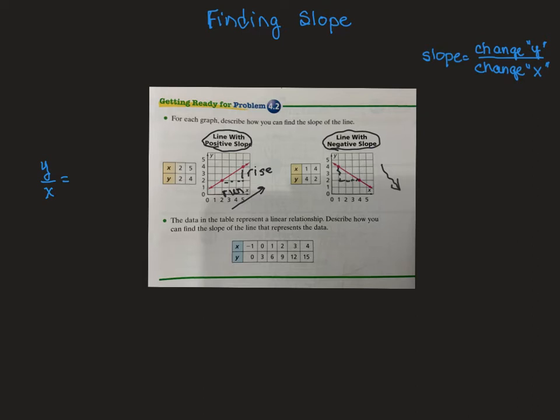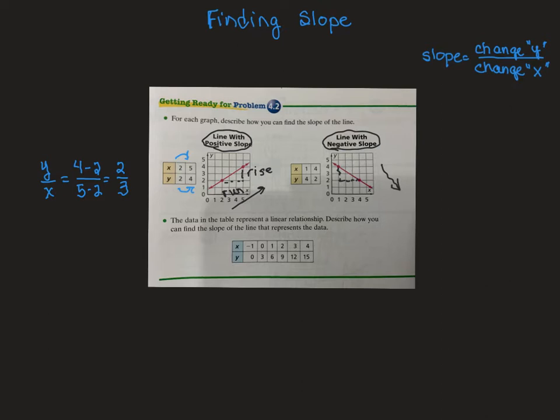I went from 2 to 5, so what was that change? For the y's, I'm at 4 and I came from 2. I'm subtracting, finding the change. That is going to be 2 over 3, and that is the slope, 2/3.